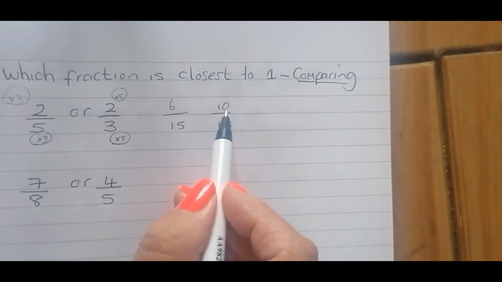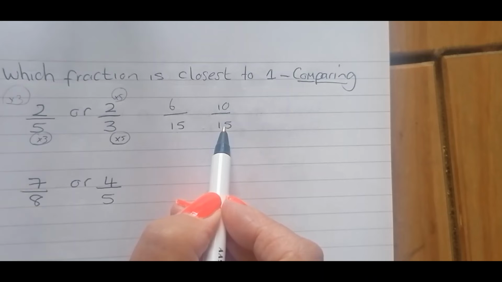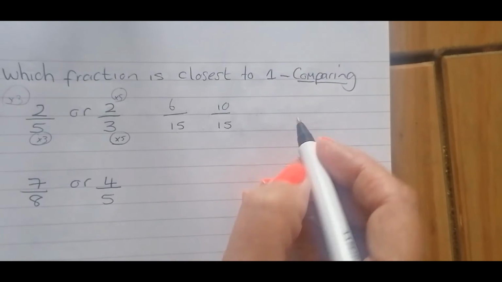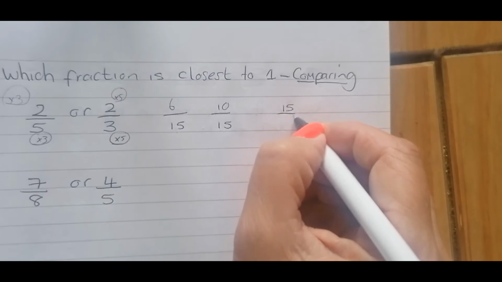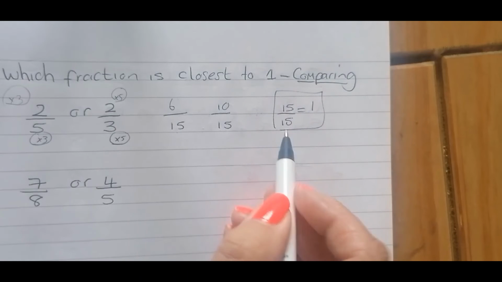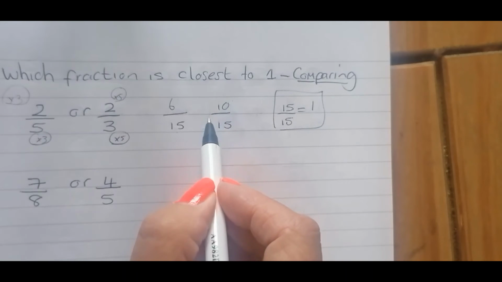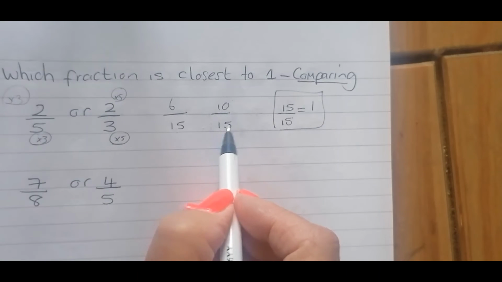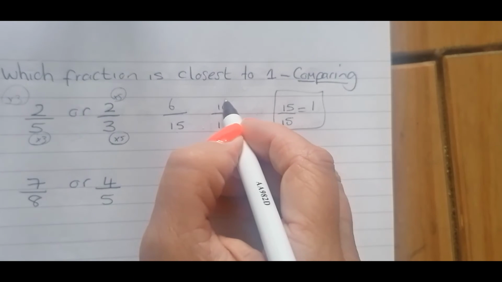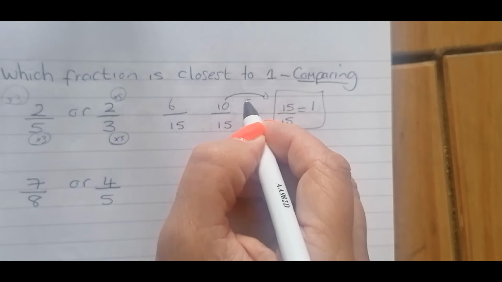So now I can see which is the smallest fraction. That's 6/15ths, that's 10/15ths. But which one is closest to 1? Well, because we're working with 15ths, I'm going to say which is closest to 15 over 15, because any number over itself equals 1. I can see this fraction here is 10/15ths. So if I say 15/15ths take away 10/15ths, there's a difference between this one and this one of 5/15ths.